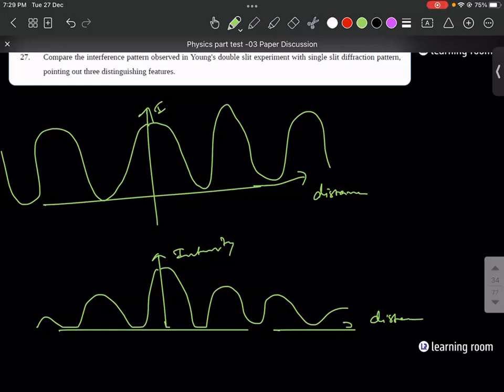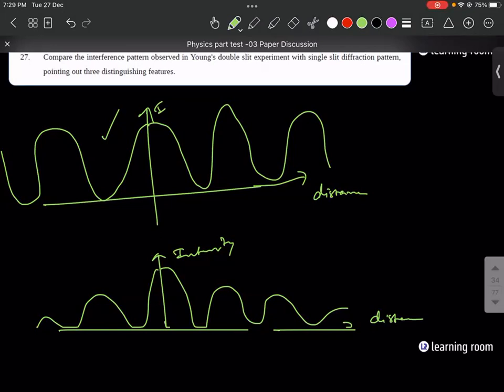Can you speak in terms of intensity? All the bright fringes have the same intensity in interference, they all have the same brightness. For diffraction, the central fringe is more bright than the others. Very good. Correct.